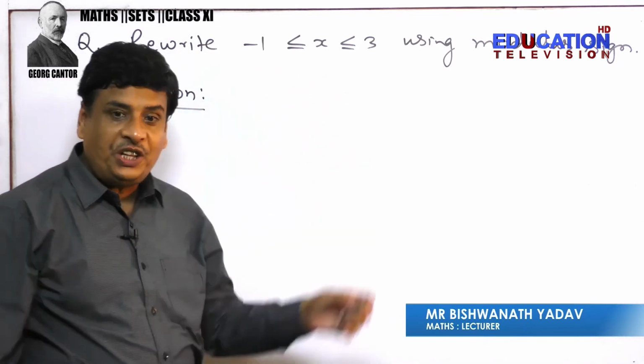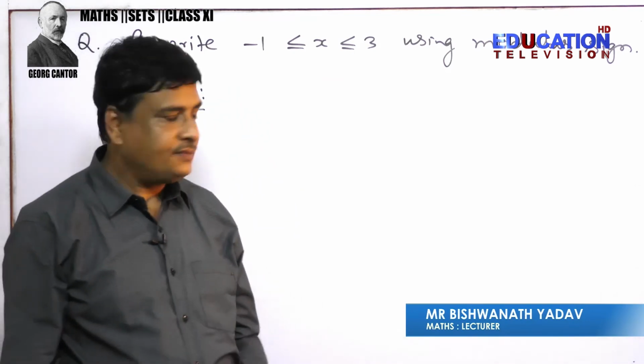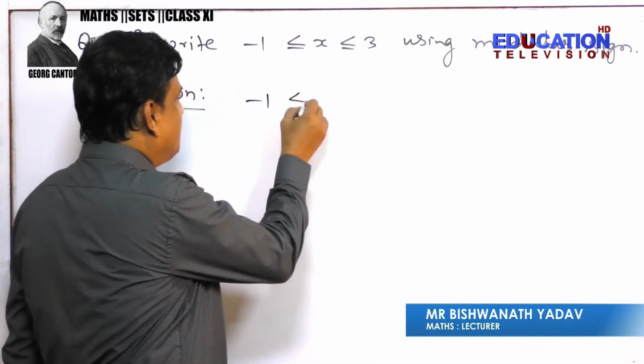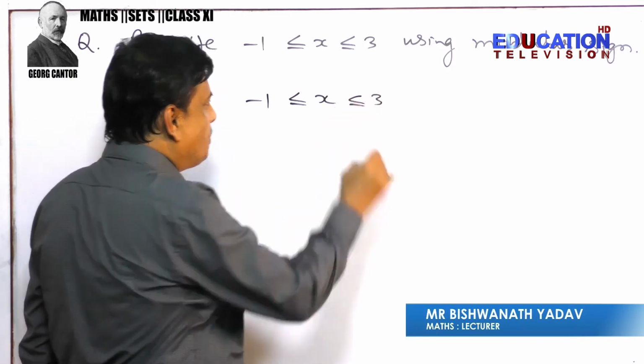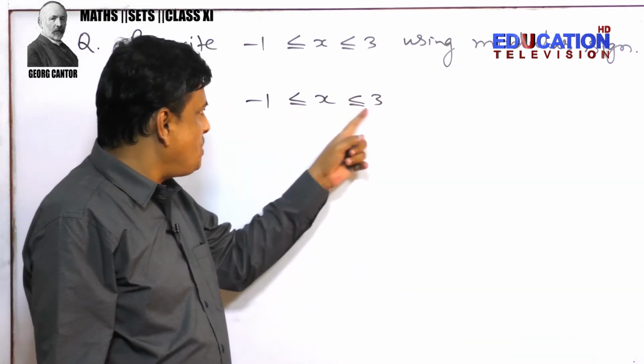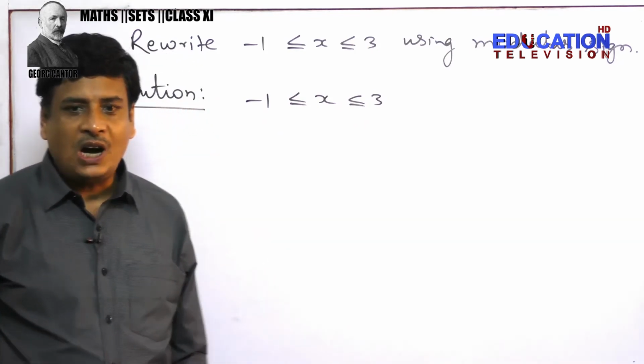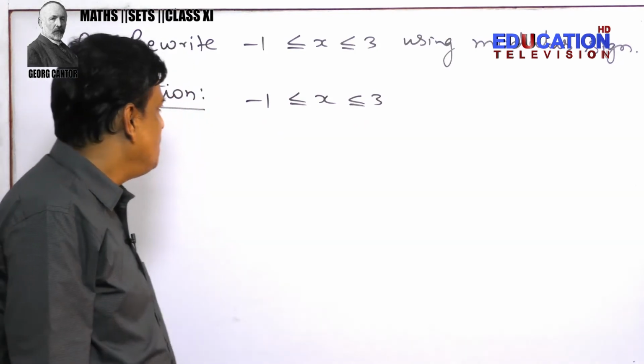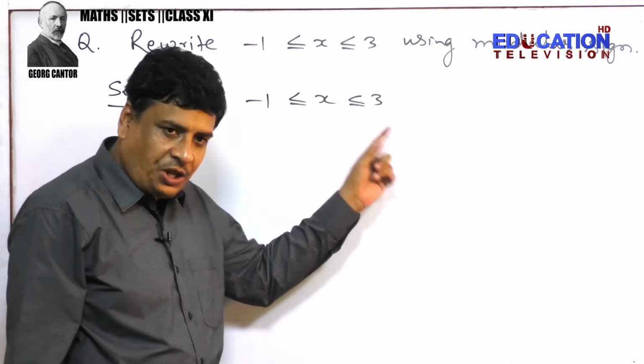We have to write within the modulus the same inequality. With the help of the theory we just explained, the number on both sides must be the same. How can you make them the same? One negative, other positive.